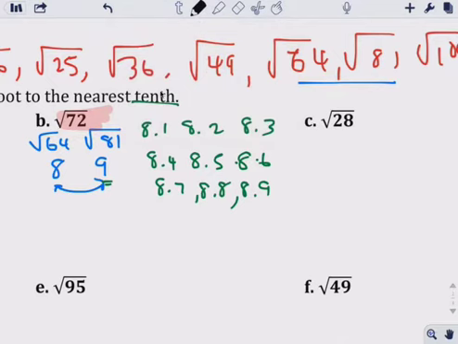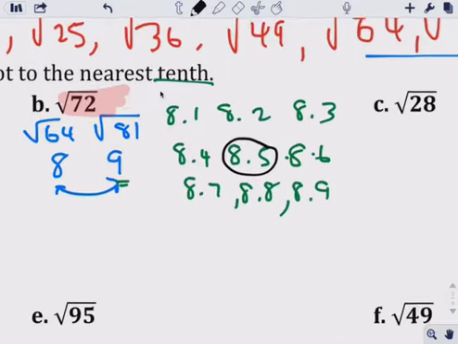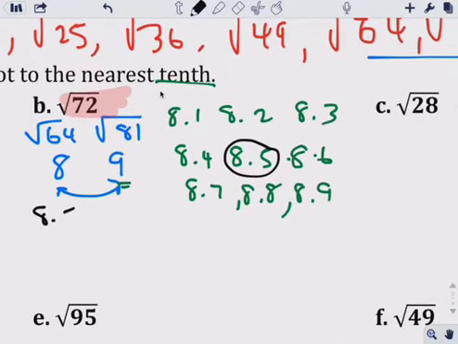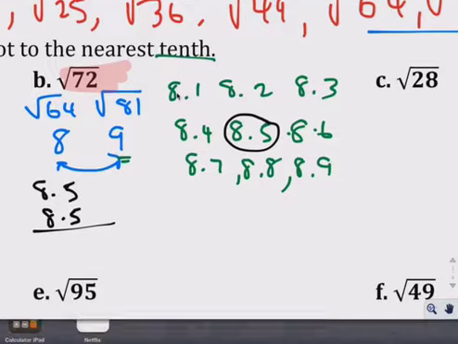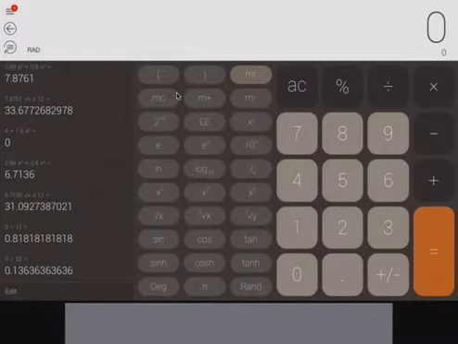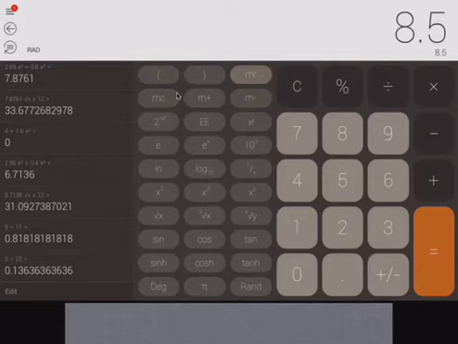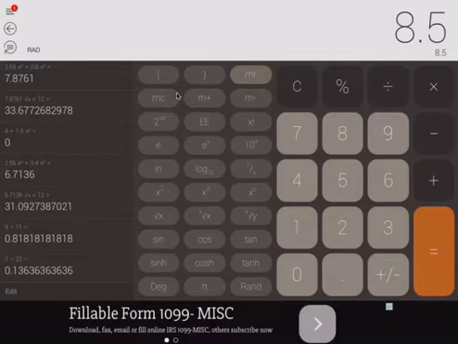So I'm going to try 8.5, this number right here. 8.5, 8.5. And then this way you can eliminate all the lower ones or the higher ones. Yeah, calculator. Okay, 8.5. If you have the square button, see this button right here? See this button where my cursor is?